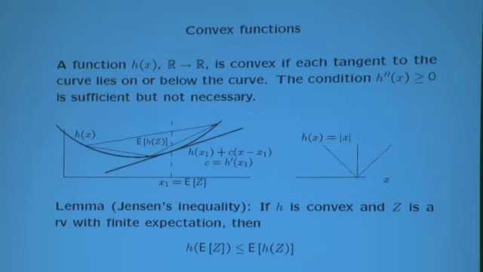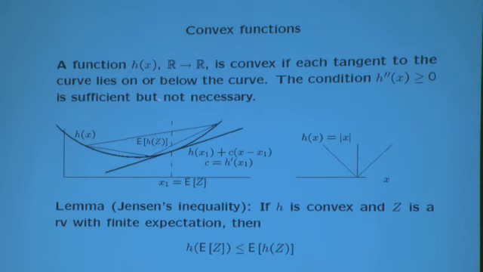Now, if I take those three possible values of x, and I think of assigning all possible probability assignments to those three possible values, what happens? If I assign all the probability over here, I get that point. If I assign all the probability here, I get that point. If I assign all the probability here, I get that point. And for everything else, it lies inside that triangle. And you can convince yourselves of that pretty easily, I think.